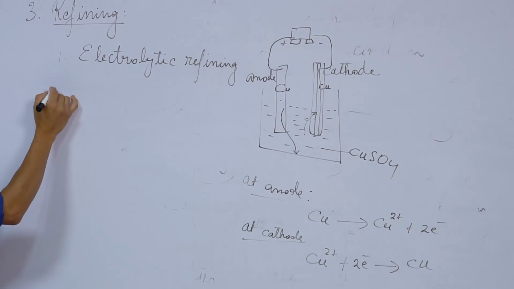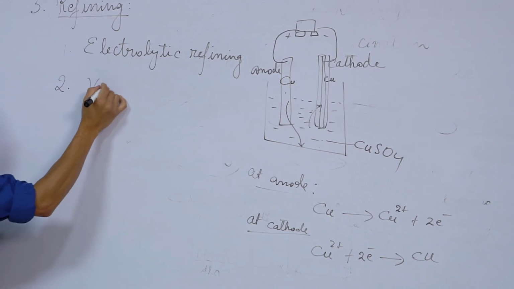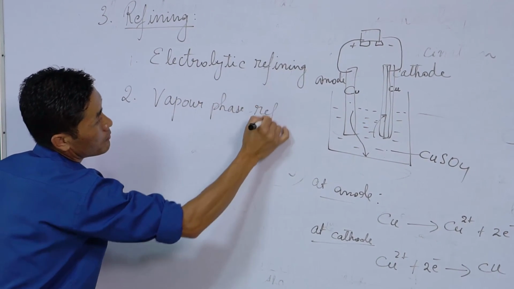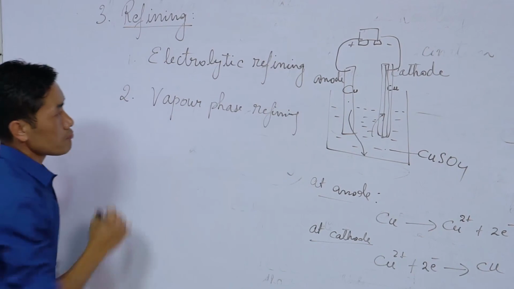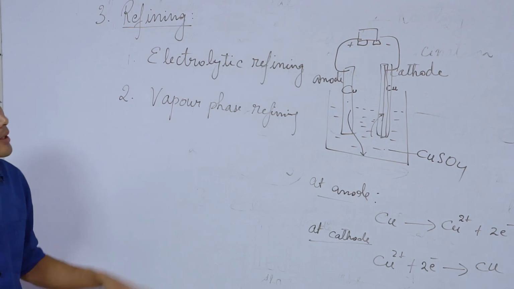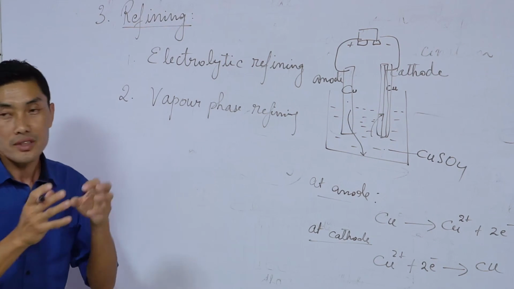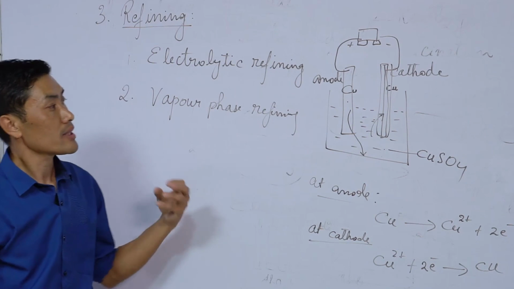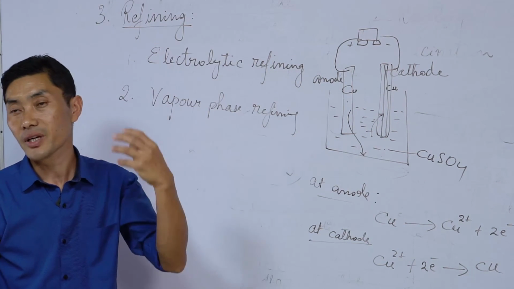The second method is called vapor phase refining. In this vapor phase refining, the metal is first converted into a volatile intermediate compound, which is then further decomposed to give back the pure metal.